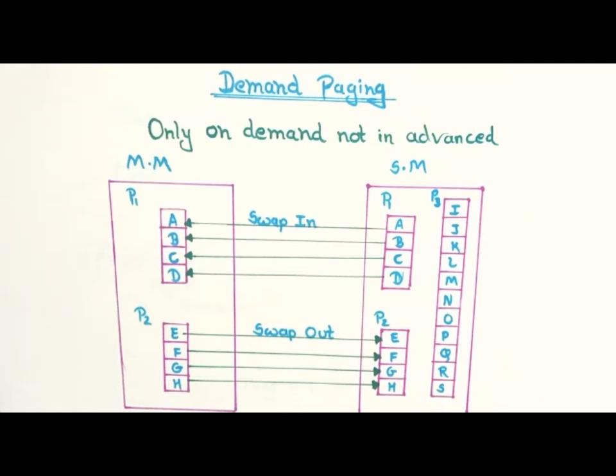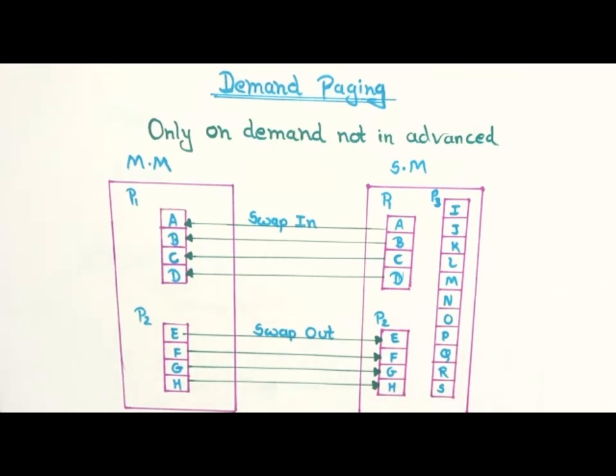So demand paging is everything on demand, through swapping. Whenever the CPU demands something and the main memory is not free, you swap out the pages that are not in use and place the new pages in the main memory.